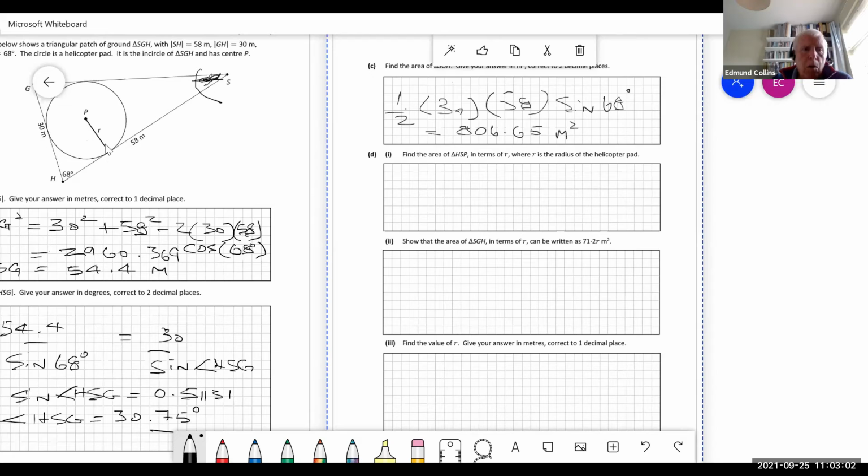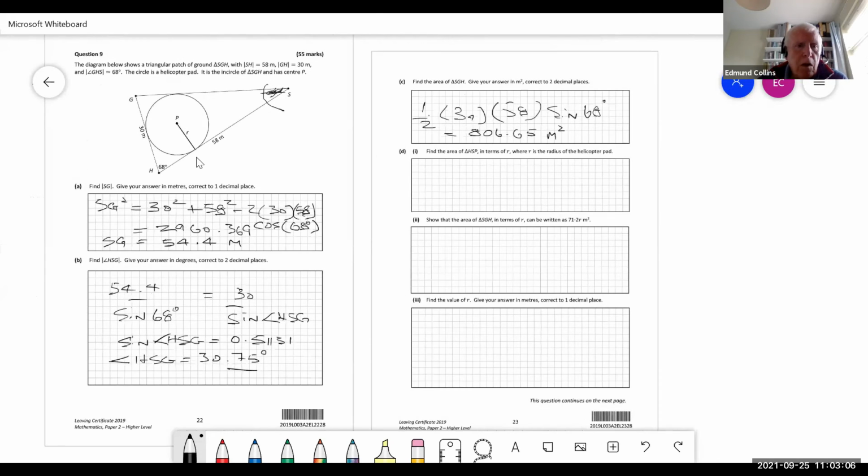So what we're talking about here is this triangle here, so HSP, and this is where you can use the other formula for calculating the area of a triangle being half the base by the perpendicular height.